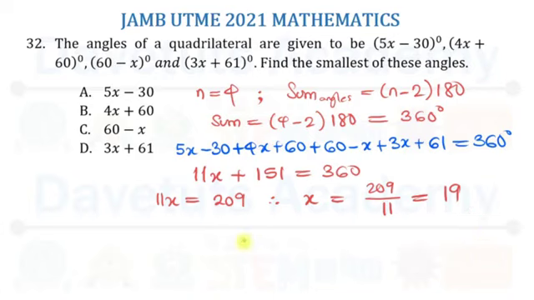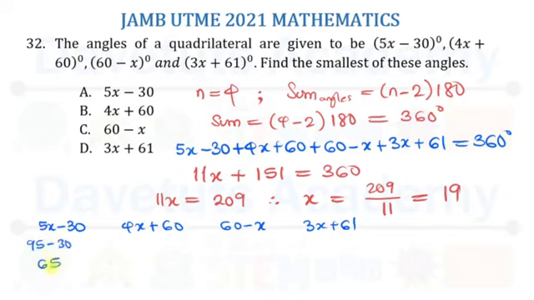So x is 19, x being 19, we can now look at all those angles to see what we are going to find. Like we have 5x minus 30, we have 4x plus 60, we have 60 minus x, we have 3x plus 61. So if you want to look at that, 5x minus 30, 19 times 5 will be 95 minus 30. This is 65.